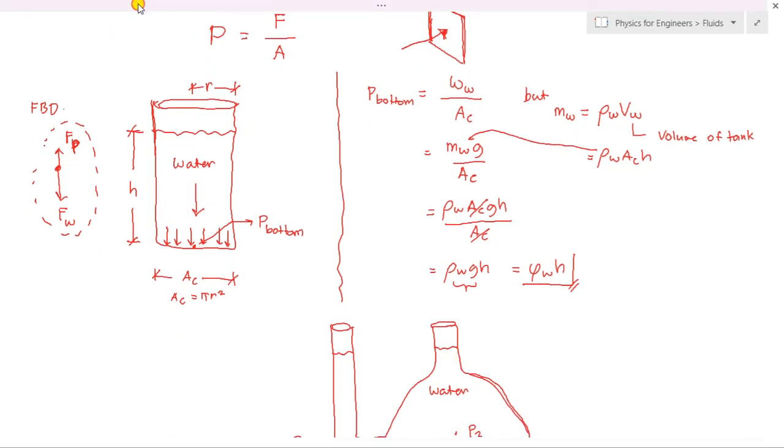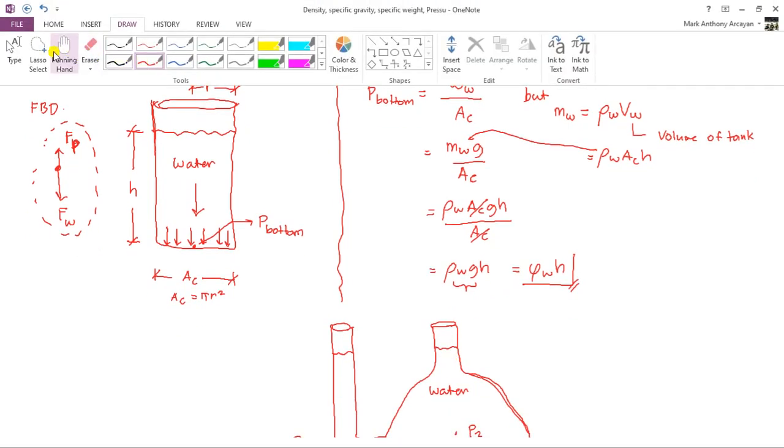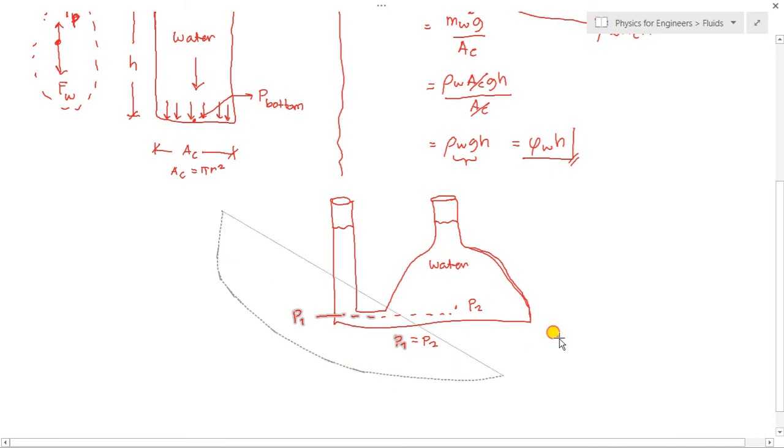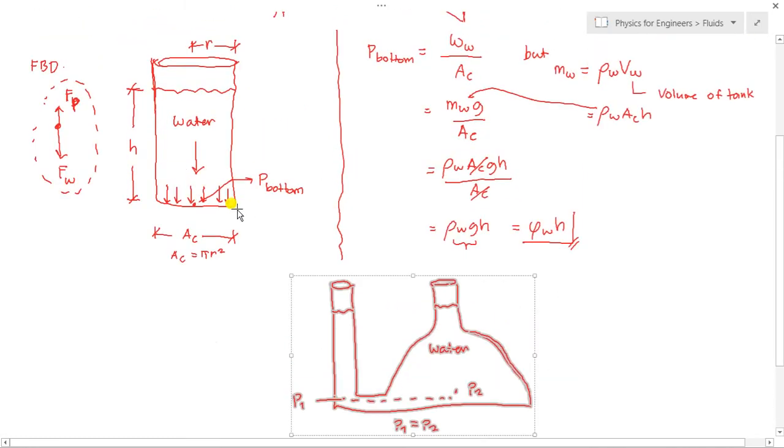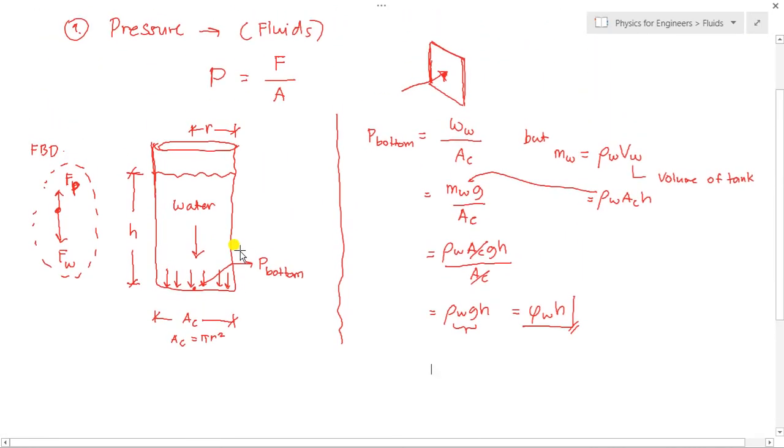Okay, but class, the pressure we obtained at the bottom of this water tank is actually just the pressure of the fluid, or we can call this the gauge pressure. Okay, gauge pressure only.